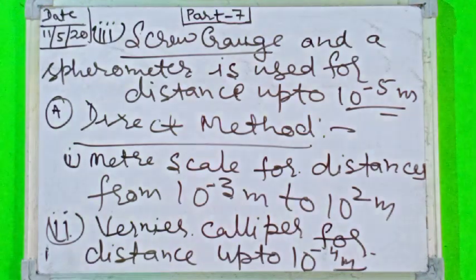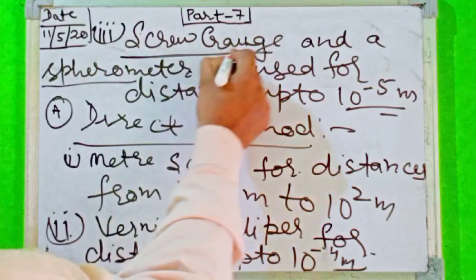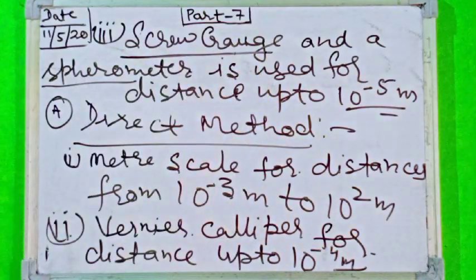The distances from 10 to the power minus 4 meter to 10 to the power minus 5 meter can be measured with the help of a screw gauge or spherometer. All these instruments you will observe in your physics lab.